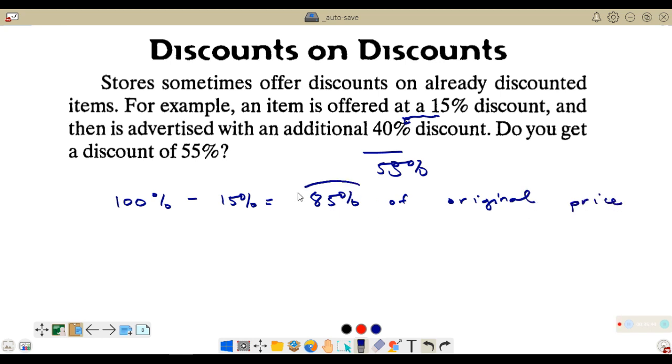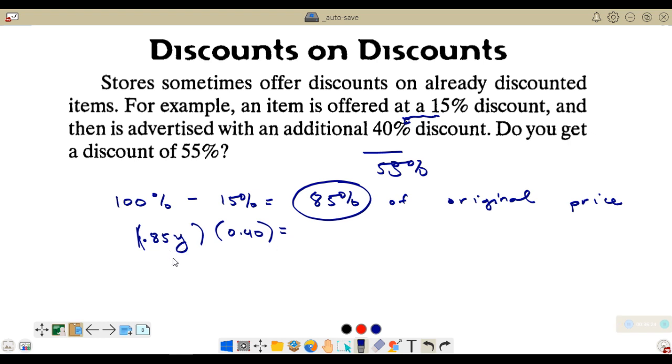Now, itong 85% na lang ng original price mo, say for example, your original price is represented by Y. So, we have Y at 0.85 or 0.85Y. Okay? Now, itong 0.85Y na to, ito na lang ulit yung lalagyan mo ng 40% na discount. So, kapag nilagyan mo ng 40% na discount, yung 0.85Y, ilan na lang yung matitira or ilan na lang yung babayaran ni customer.